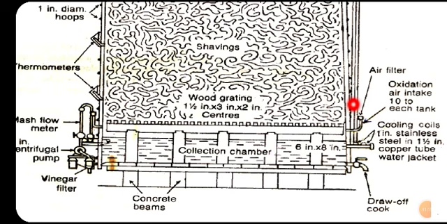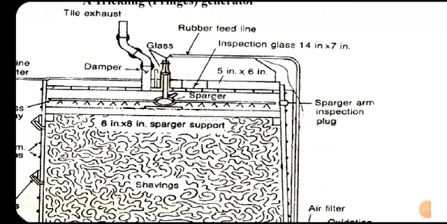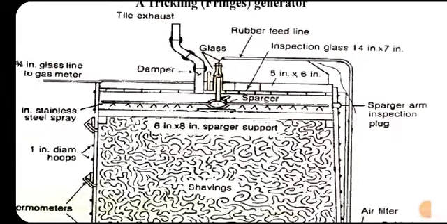With the help of piping work, this mixture stock is pumped through these pipes, and this is called a rubber feed line. Through this rubber feed line, the mixture stock will reach a spraying arm. This is a stainless steel spraying arm.